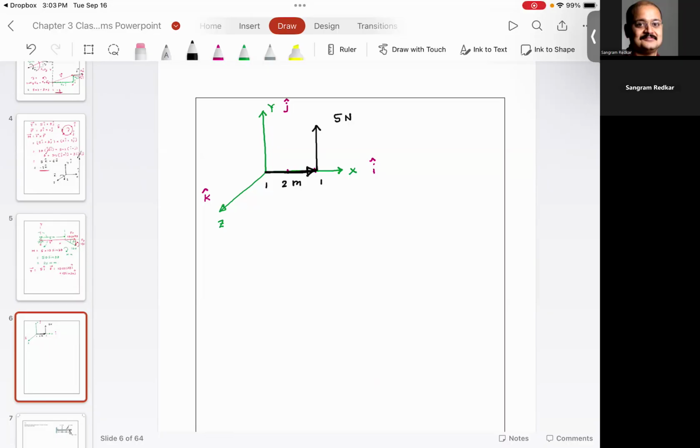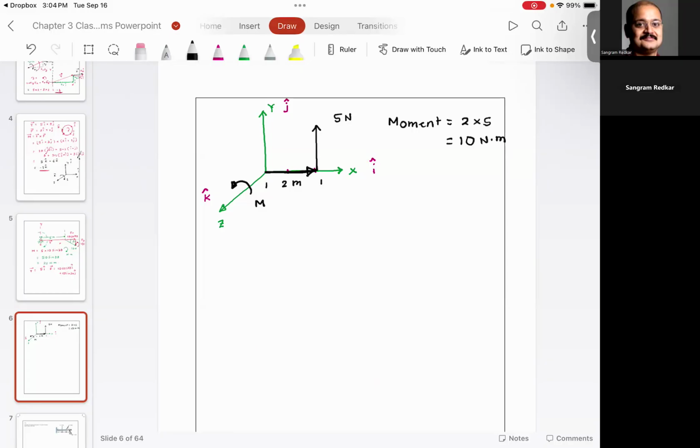Do you agree with me that the force going up, when it is acting at the distance of 2 meters, is going to give me a moment about Z, which is 2 times 5, which is 10 Newton meter?